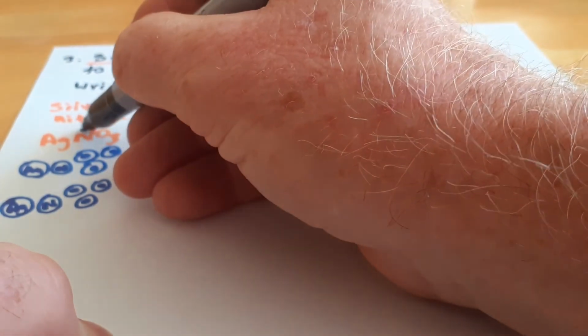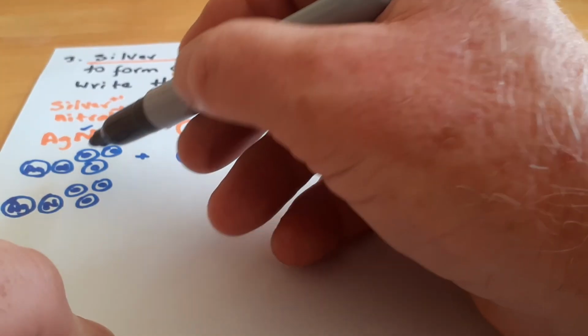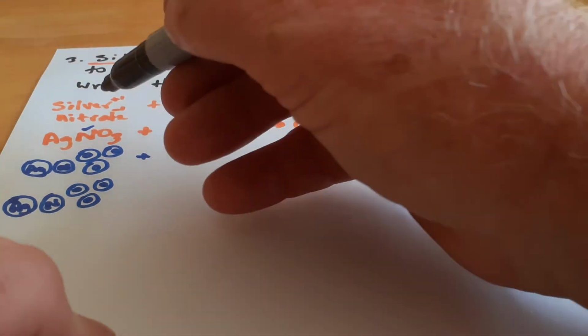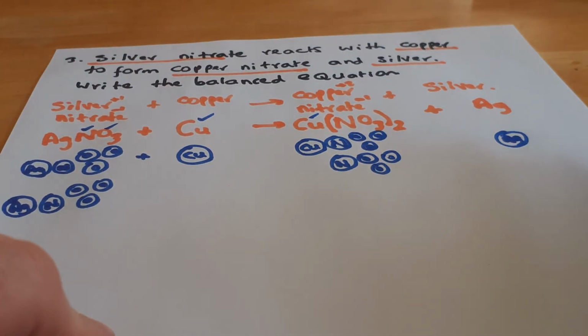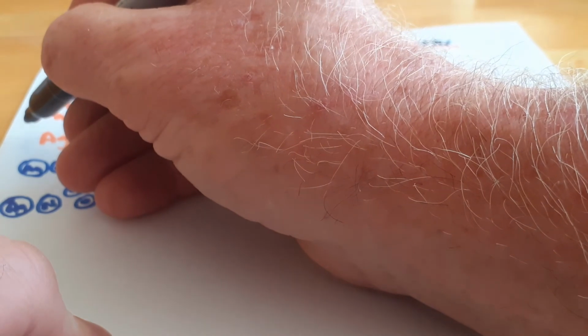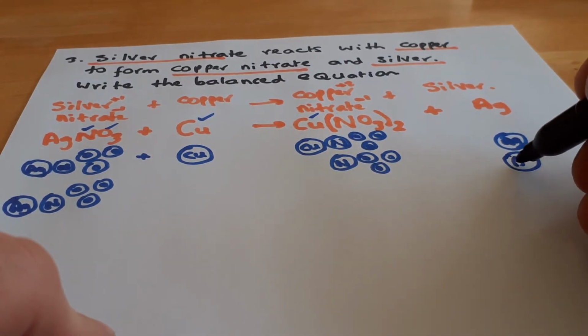So the nitrogens are happy now. In total now we've got 6 oxygens. We've got 6 oxygens there. Now we've got 2 silvers here and only 1 here. So we need another silver there.